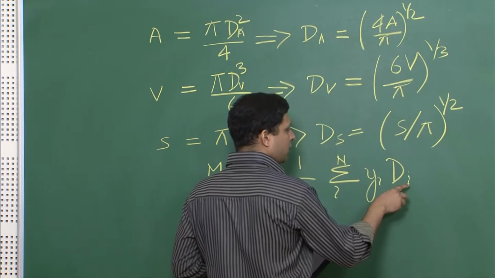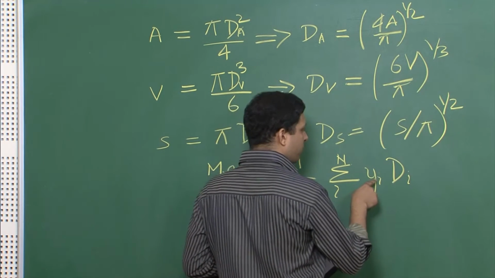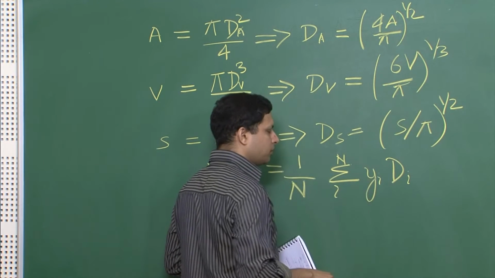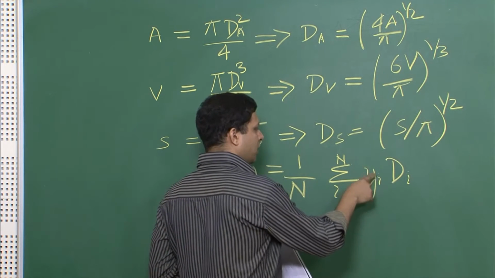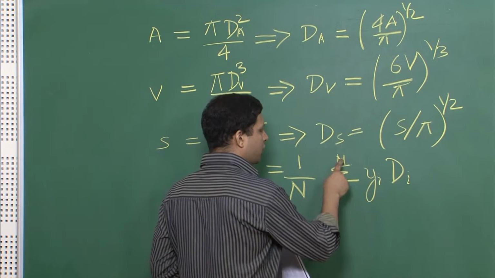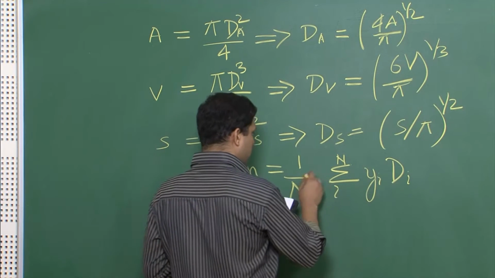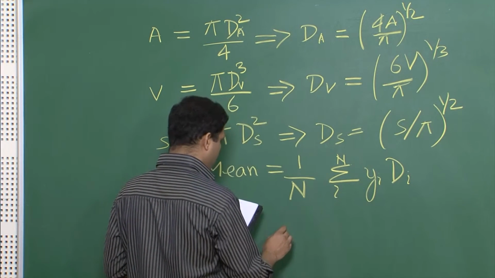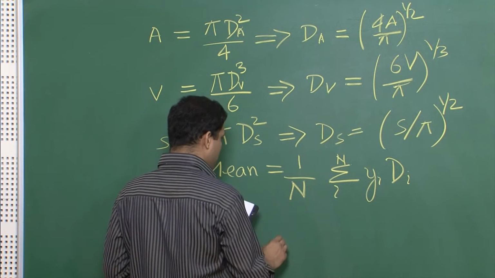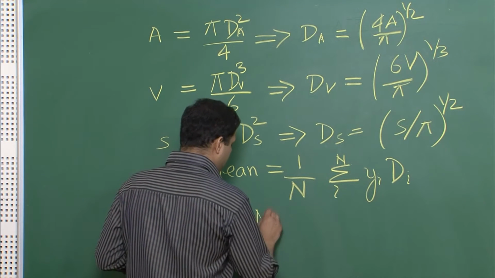Let us say di is some diameter, then yi is the number of particles of that particular size. So, this is the frequency, and i equals 1 to n. These are the different diameters, and you divide by 1 over n, and this will give you the mean.